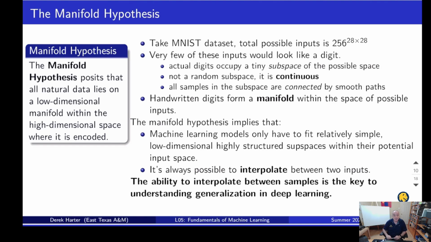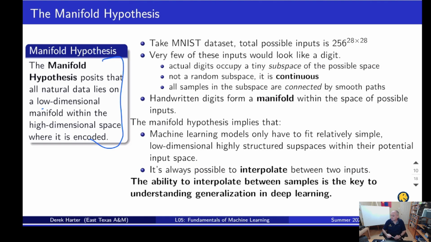And most of the things along that path would be things that might possibly be found as digits that people would write. Okay? So that's called a manifold. For hand-written digits, the theory is that they form a manifold within that larger space of possible inputs. So the manifold hypothesis posits that all natural data lies on a low-dimensional manifold within that higher dimensional space where it's encoded.